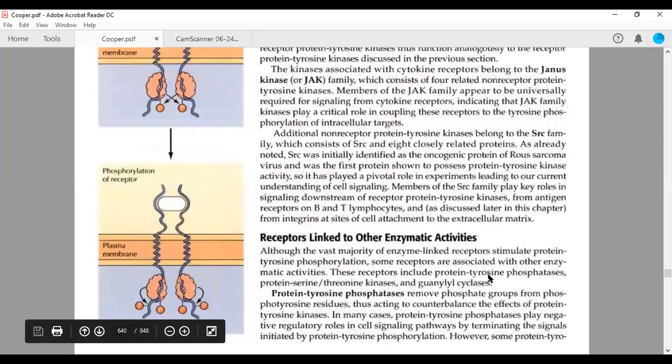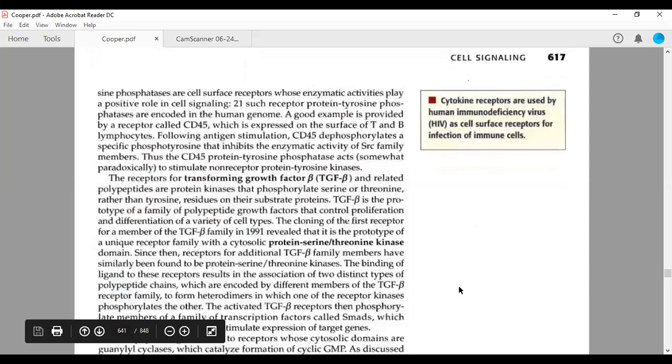Now, the second class is the protein serine threonine kinases. If you ask whether all these receptor kinases act by tyrosine phosphorylation or whether there is some other possibility, I will say there is a possibility of phosphorylating serine or threonine residues also, or there are guanylyl cyclases, which produce cyclic GMP as a secondary messenger.